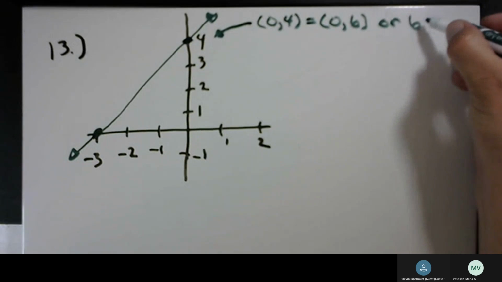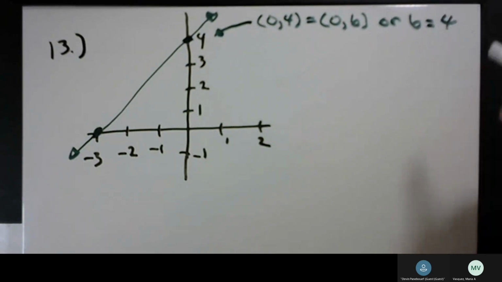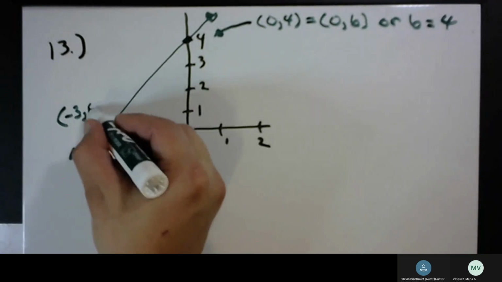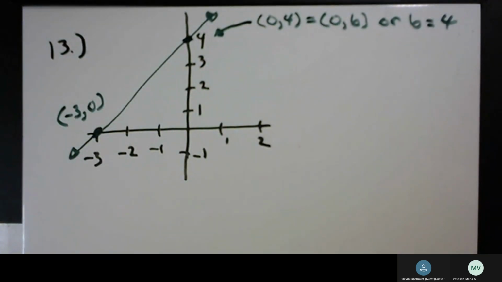Or that means b is equal to 4. So that's the y-intercept of 4. The next thing to do is to find the slope. We just need the slope. And then we could use the y equals mx plus b form to get the equation for this line.